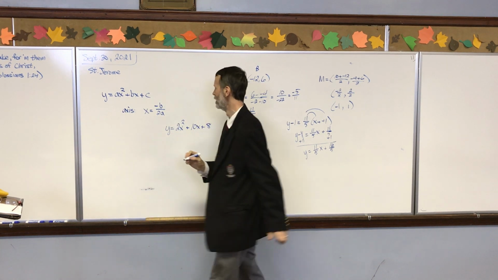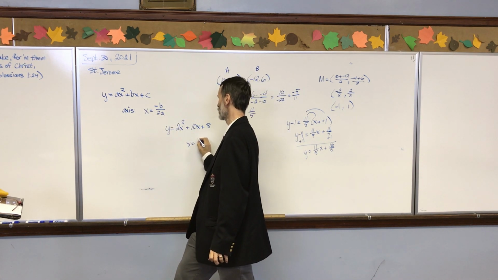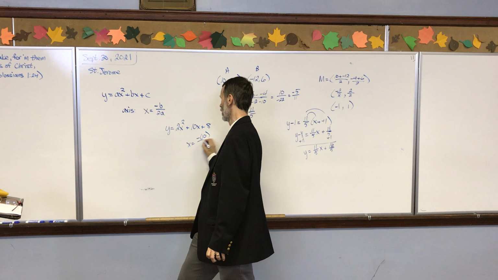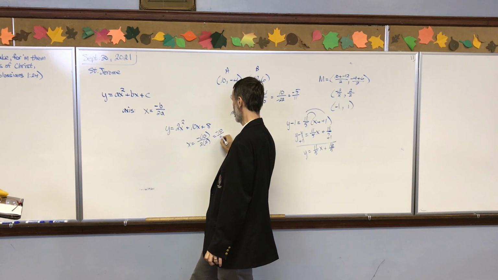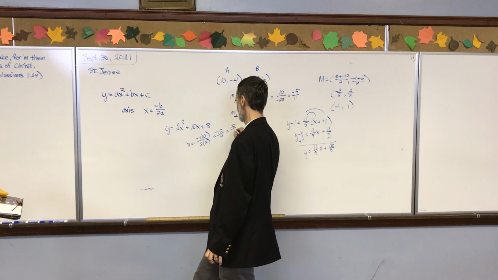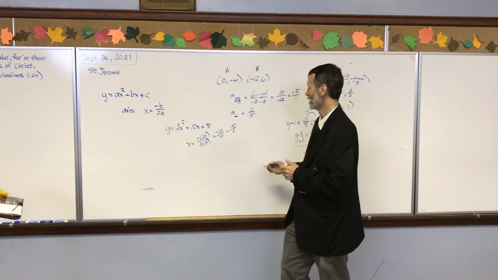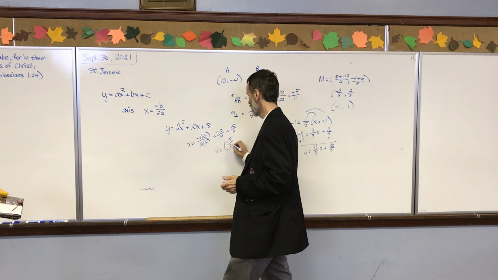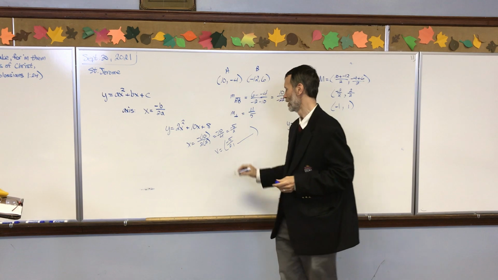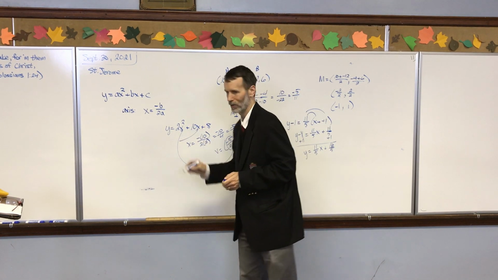If I want to find the axis of symmetry, it's x equals negative 10 over 2 times 2, which in this case is negative 10 over 4, which is negative 5 halves. Now that's a kind of awkward vertex, but I know the vertex is now negative 5 halves, comma, something. And then you just plug this into the original in order to get the y.